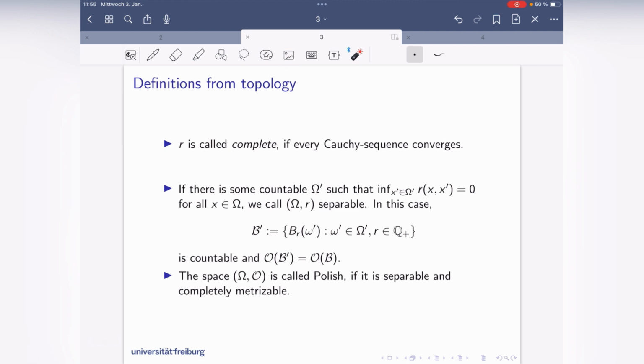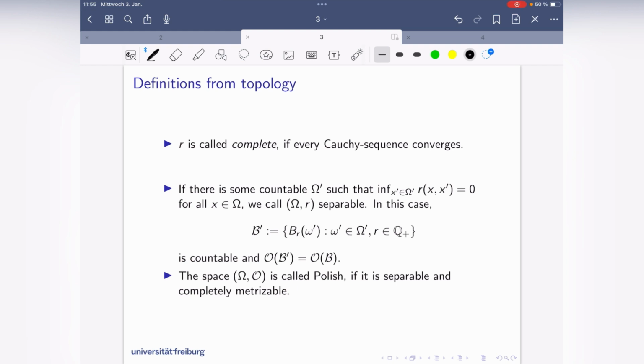We will need some things in our course here. For example, what is a complete metric? And you know what a complete metric is. That's a metric where all Cauchy sequences converge. What is a Cauchy sequence?